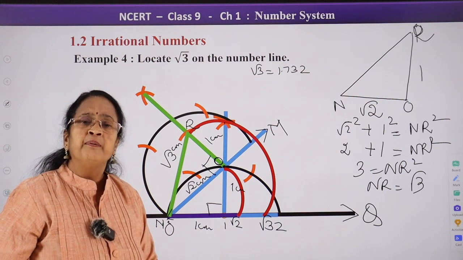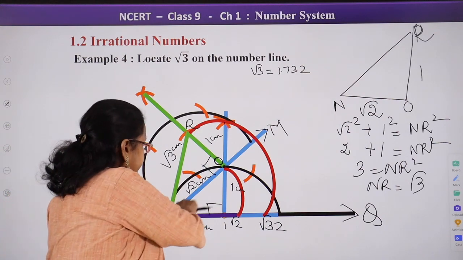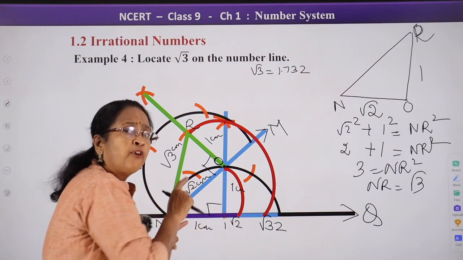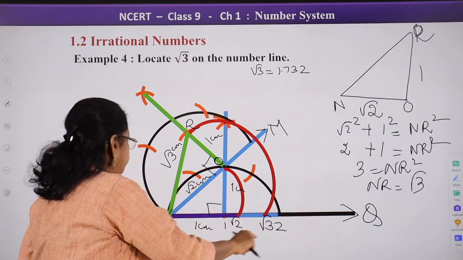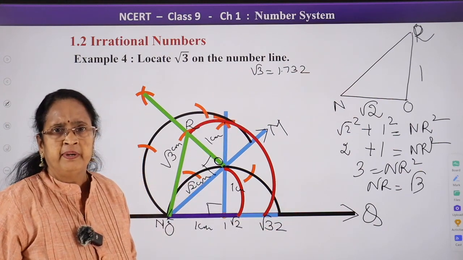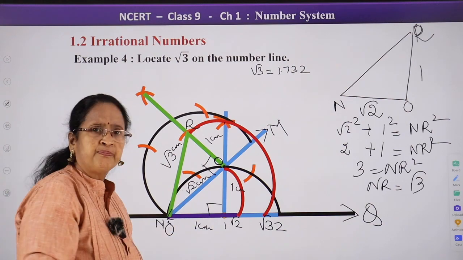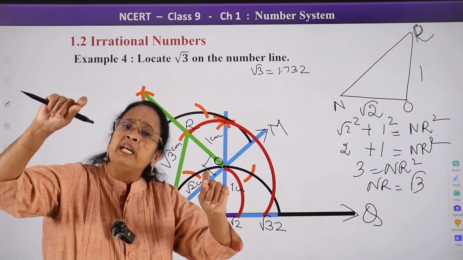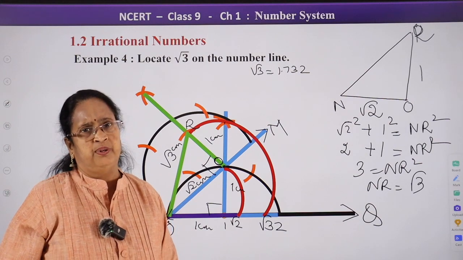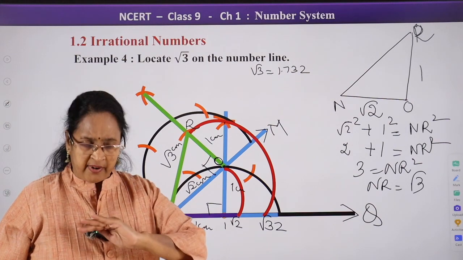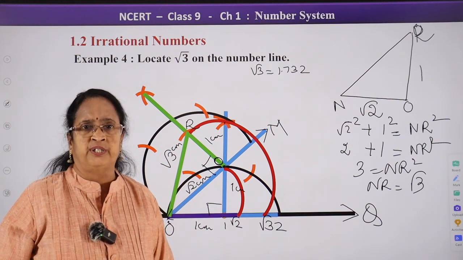Alright, but please be careful while changing the base for root 3 from this original PQ to NM. Here I can't shift my board, but you can easily shift your notebook so that you will have accurate 90-degree construction.